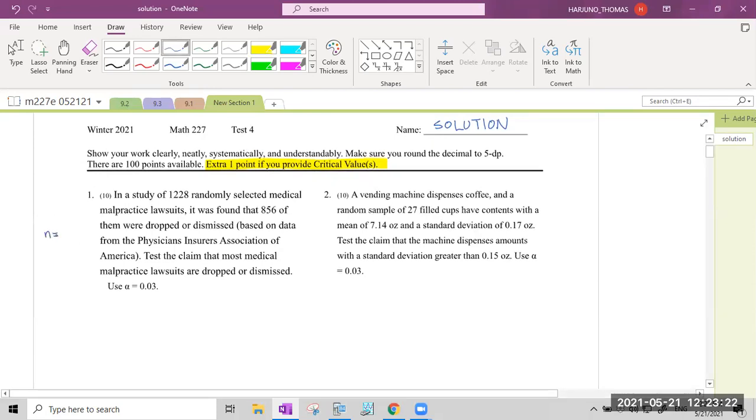Number 1, in a study of 1,228 randomly selected negative medical malpractice lawsuits, it was found that 856 of them were dropped or dismissed.